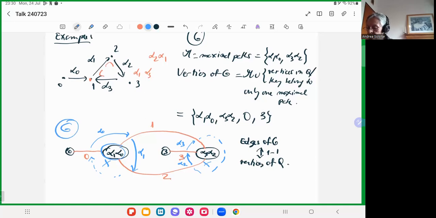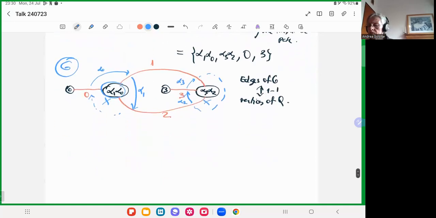Okay, from this one, the procedure is to obtain a surface, okay?